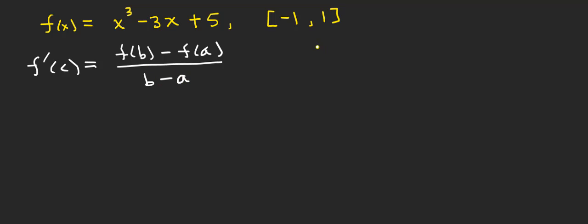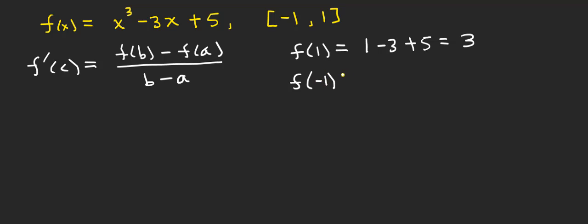So let's find f of b. F of b is the same thing as f of 1 in this case. Plug in 1 for x. You're going to get 1 minus 3 plus 5, which is going to be 3. What about f of a, which is f of negative 1 in this case?